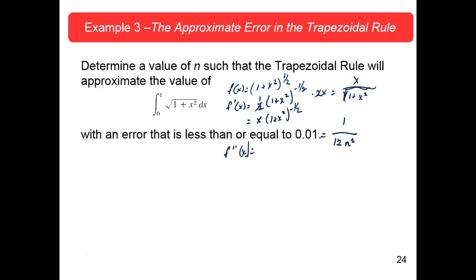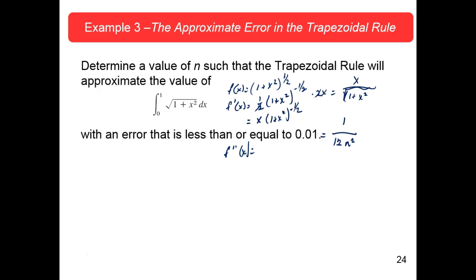Now we've got a product rule with the chain rule on part of it. So you tell me how this goes. Anybody? Help me.